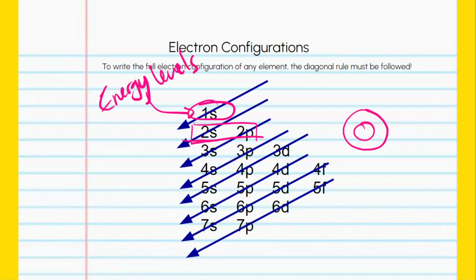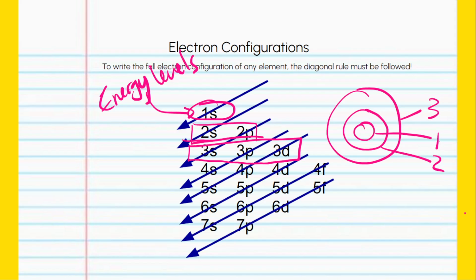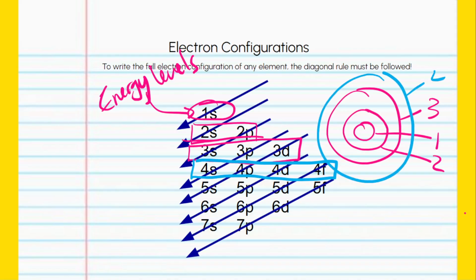There's circle number 2. Okay, that's level 1. This is level 2. And then all the 3s, p, and d, that's our circle number 3. Let me change to a different color. And then once we get to 4, we have 4s, p, d, and f. That's our circle number 4, energy level 4.